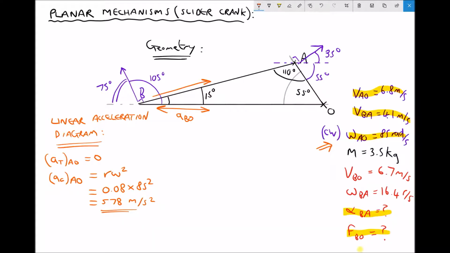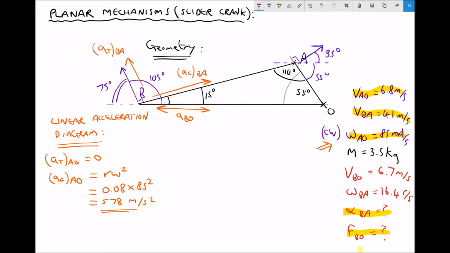But there's also going to be a tangential acceleration, and the tangential acceleration of B relative to A is going to be perpendicular. So we have a centripetal acceleration of B relative to A, but we also have a tangential acceleration of B relative to A.